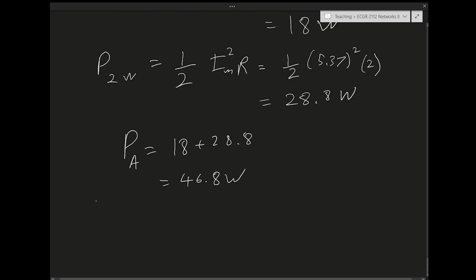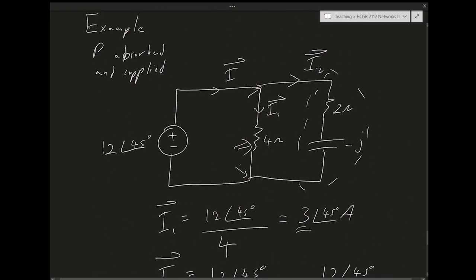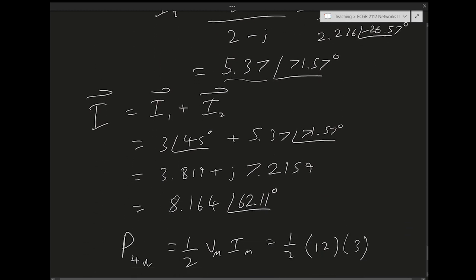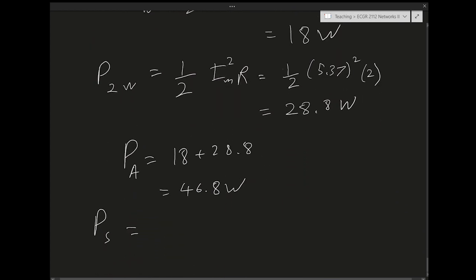What's the power supplied by the source? Power supplied by the source using this sign convention is just going to be the I magnitude times V magnitude with the cosine of the angle between them, right? Times half. So that's going to be half Vm Im cosine of theta V minus theta I. In this case, Vm is going to be 12.